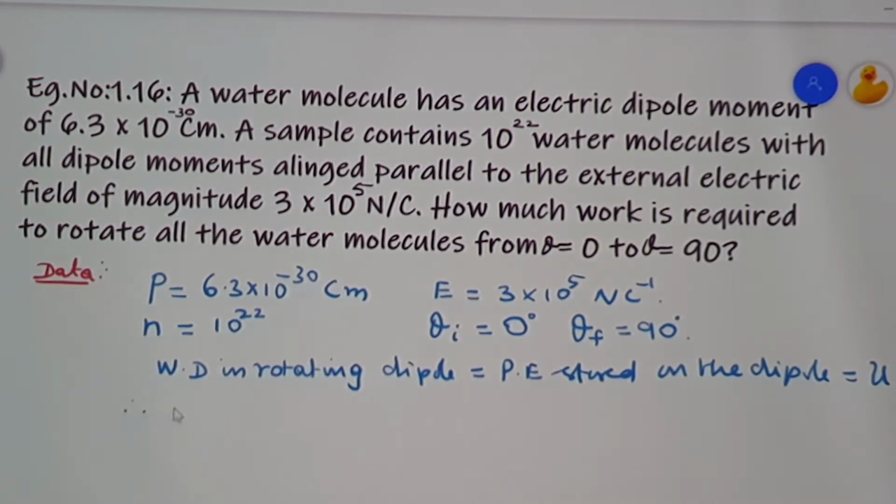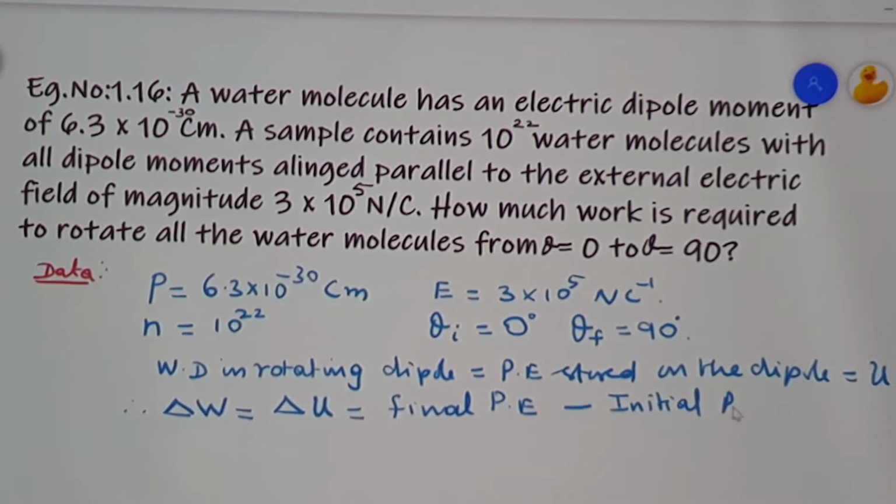So therefore let us write like this. Here we have to calculate the work done delta W, which is equal to change in potential energy, which is equal to, I can write it in words like this: final potential energy, that is the potential energy got at the final position minus the potential energy got at the initial position.